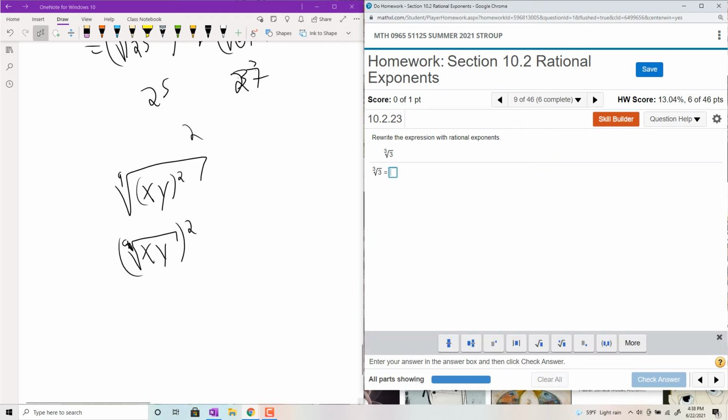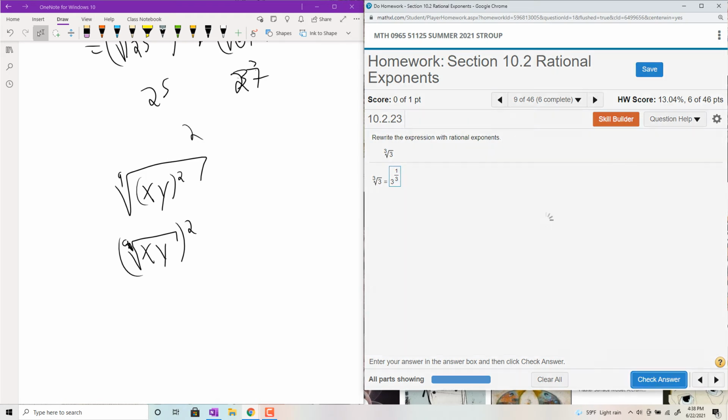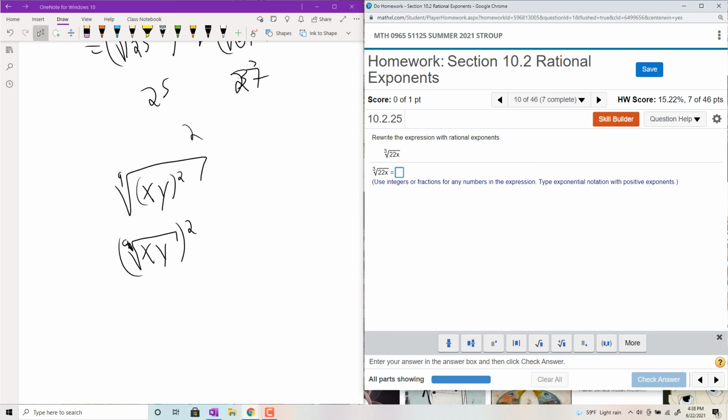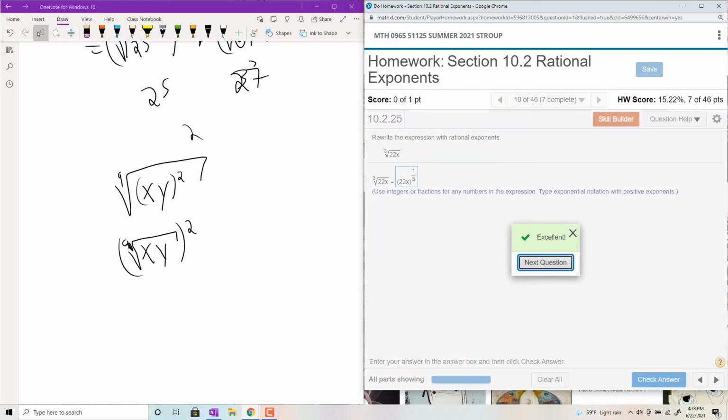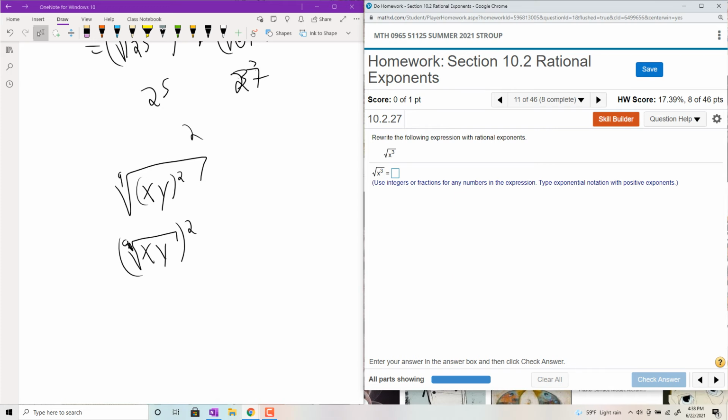It's 3 to the 1/3. Okay, so we just have 2x to the 1/3. X to the 3/2.